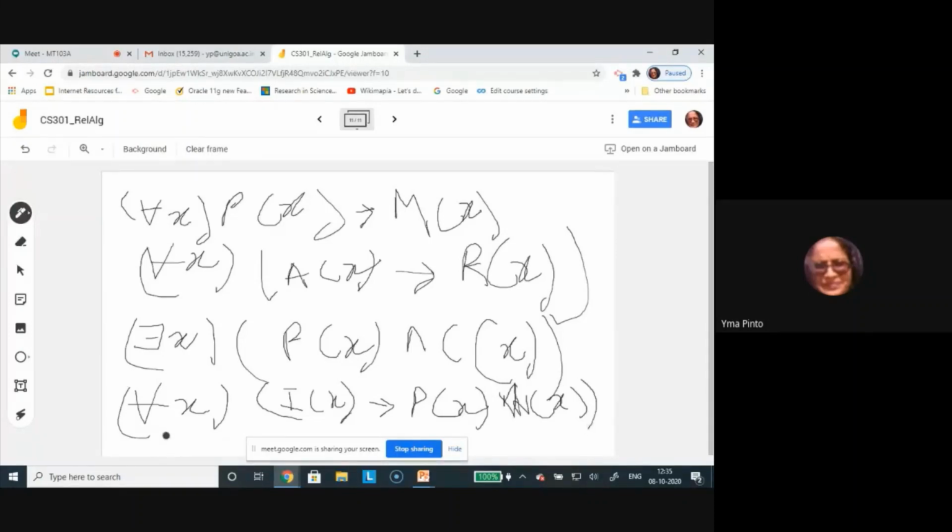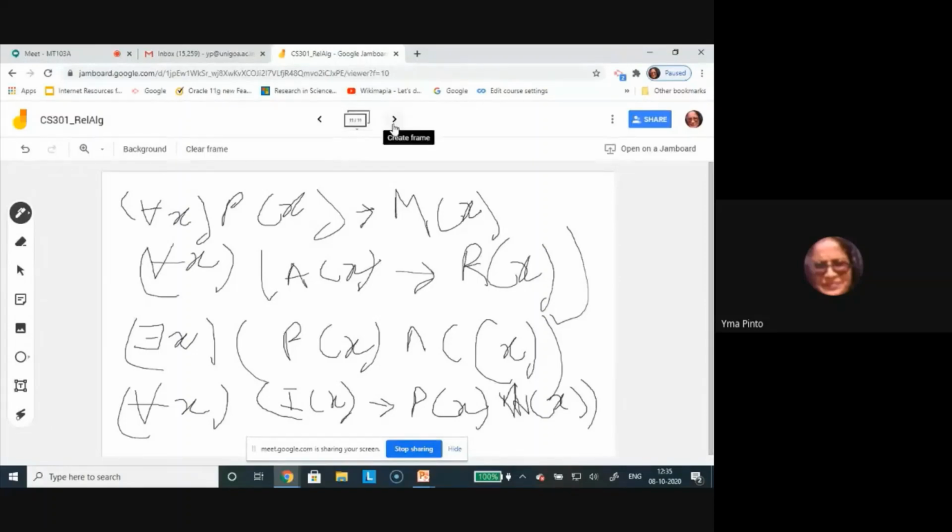How can I interpret this? For all x, if x is an integer, then x is either positive or x is negative. I know that this is true for any integer in my set of numbers, right? So I can say for all x, if x is an integer, x is either positive or negative. In simple terms, any integer is either positive or negative. Okay, that's how I could interpret it.